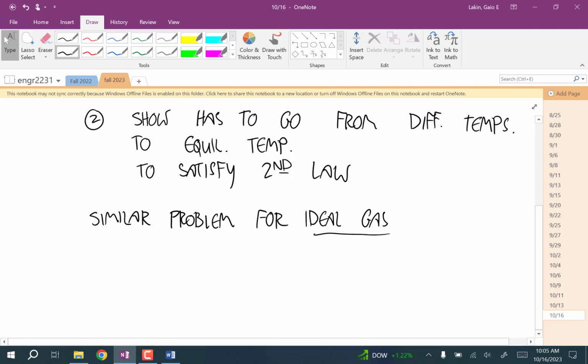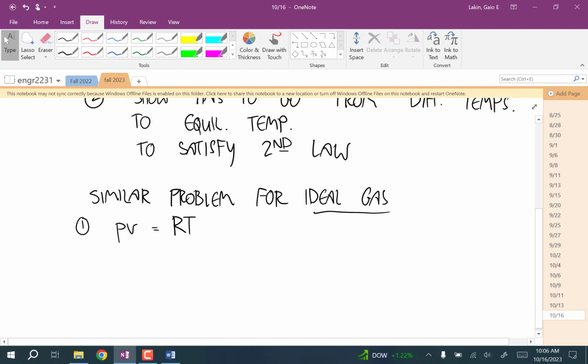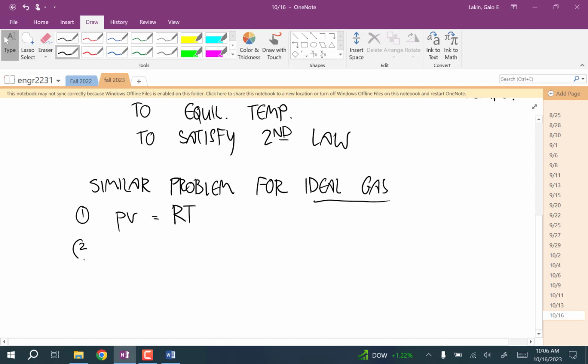So what do we know about ideal gases? First, we know PV is equal to RT. Second, we know that the specific internal energy is just a function of temperature.